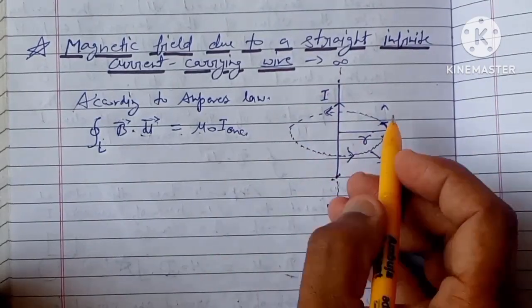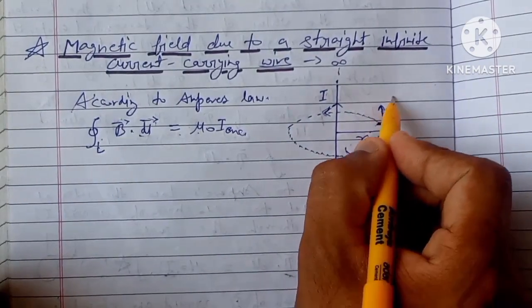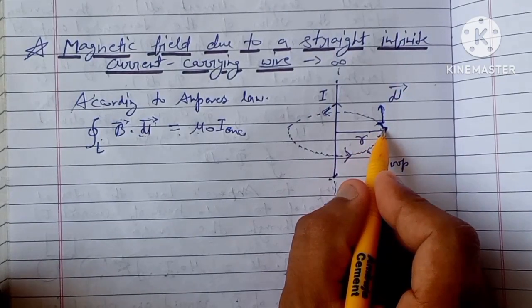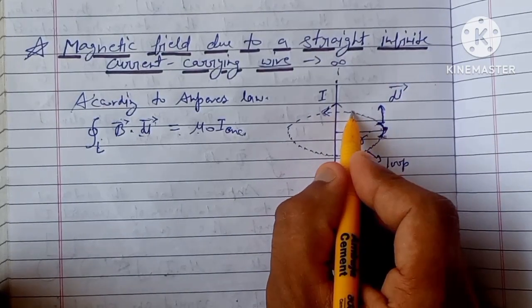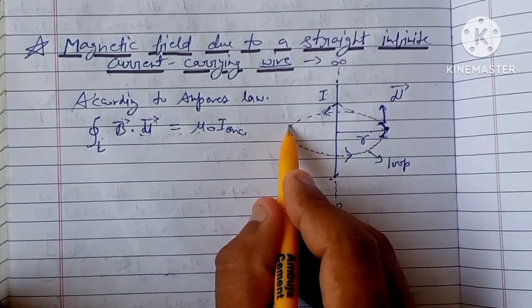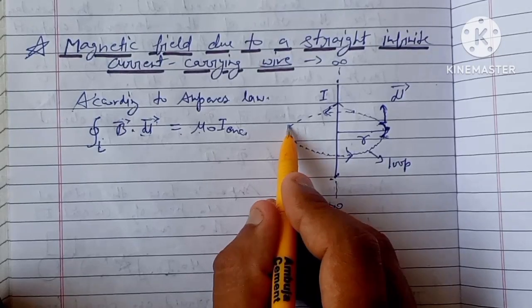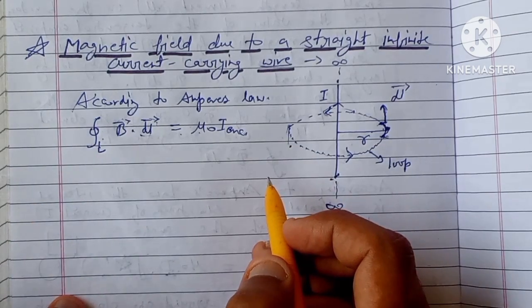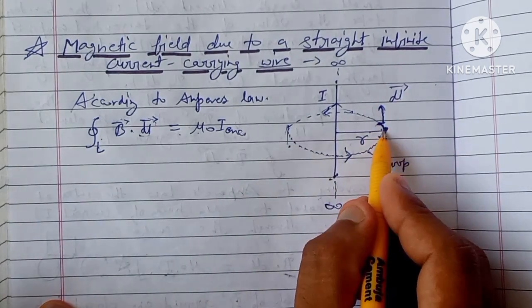This is the direction of my dl vector at this point. If I had chosen the point here, then my dl vector will be in this direction. If I had chosen the point here, then my dl vector will be in this direction.